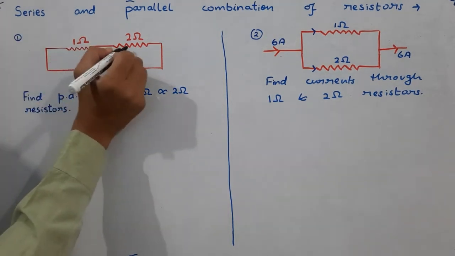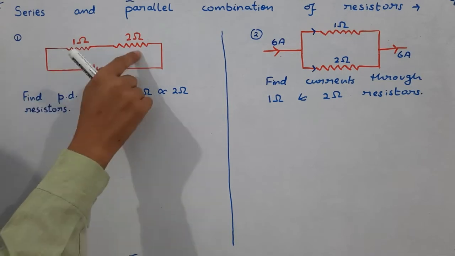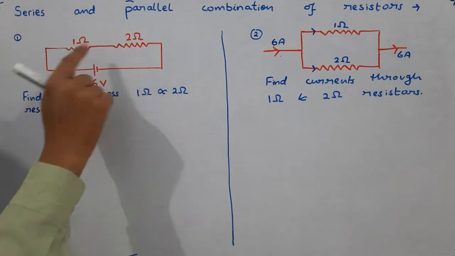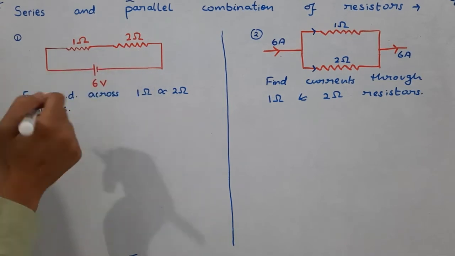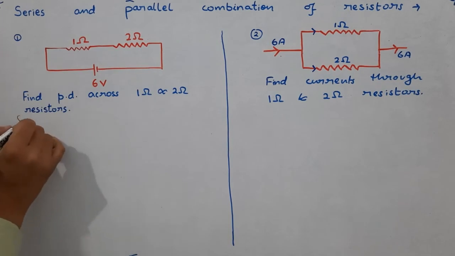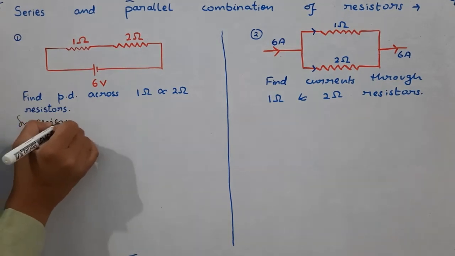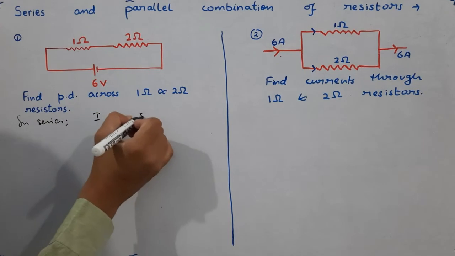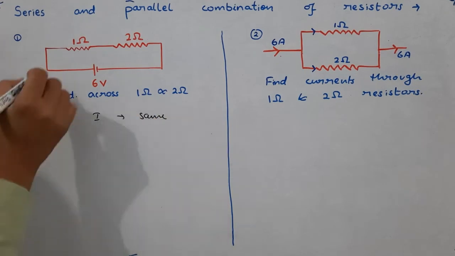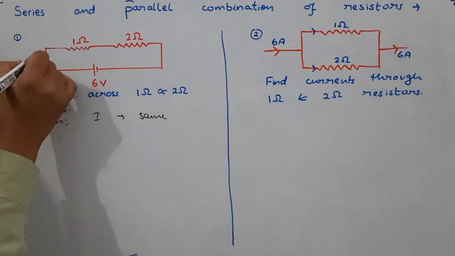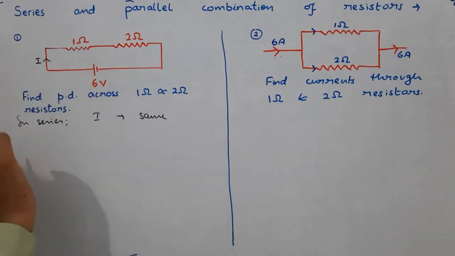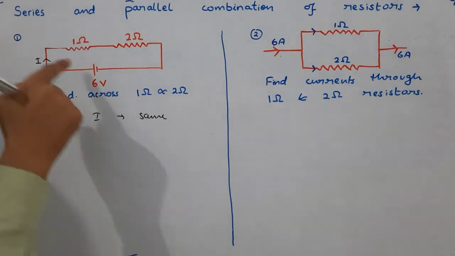Now, what kind of combination do these two resistors are in? So they are in series combinations. So in series, you know that current remains same. So in this circuit, suppose the current is I. We have to find potential difference across these two.